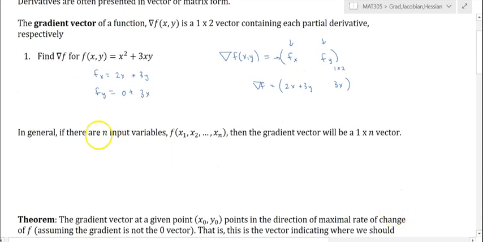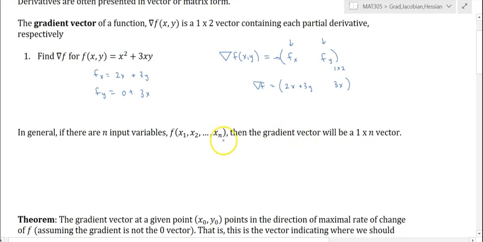So our partial with respect to x, our partial with respect to y. Now, in general, we may have more than just the two variables. We may have n of them. And the best way to write this out is instead of having distinct letters for each of the variables, we usually just subscript them, because we may have more than 26, which is beyond our alphabet. And so it just makes sense to use numerical subscripts to denote the variables, since we'll never run out of those.